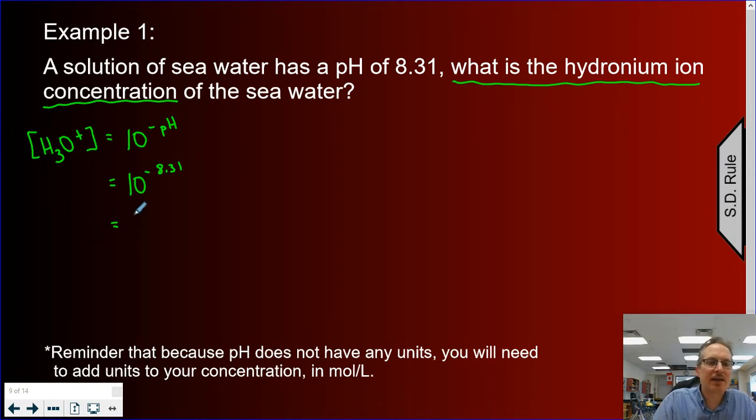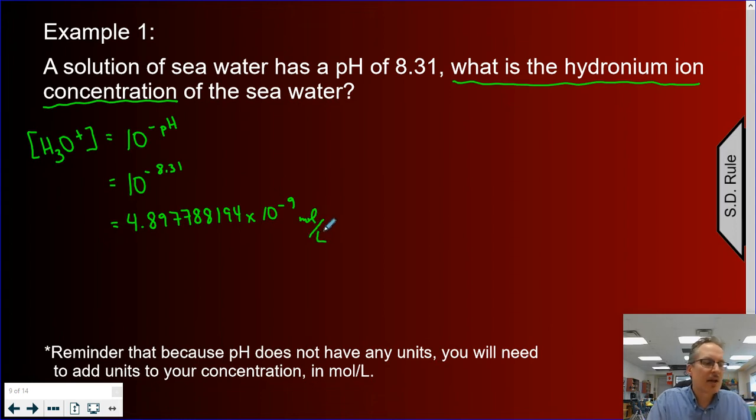Now, on my calculator, I've got a very long answer, 4.977888194 times 10 to the negative 9, and this is going to be in moles per liter. Because pH doesn't have a unit, when I convert back to a concentration it will be recorded in moles per liter.